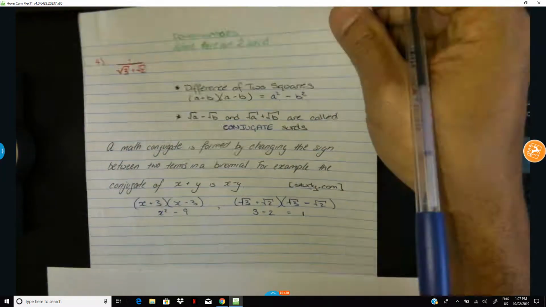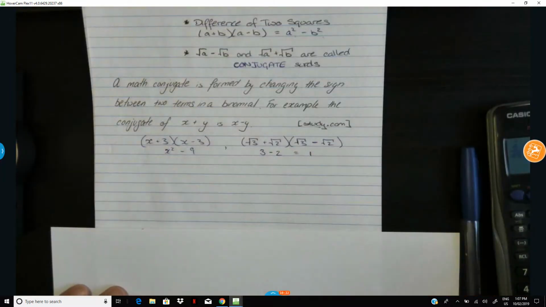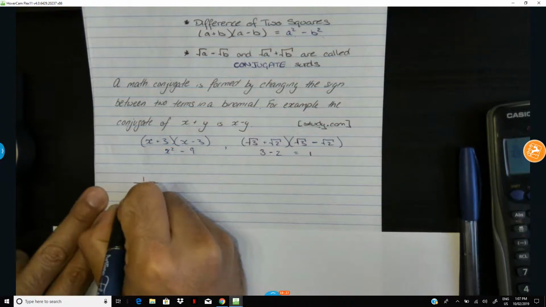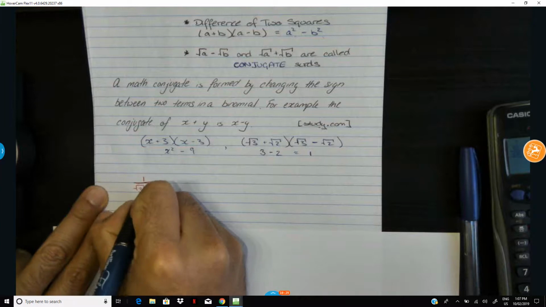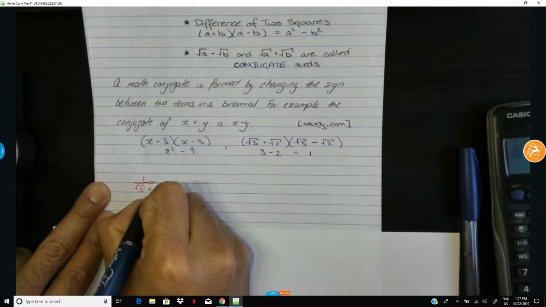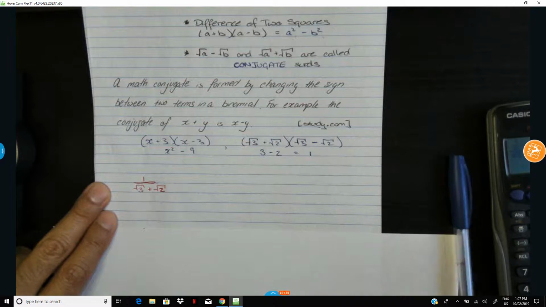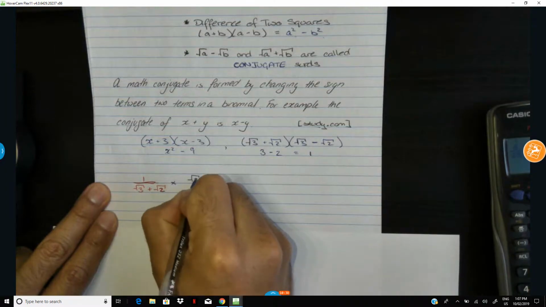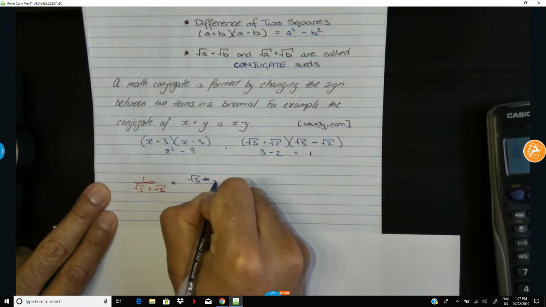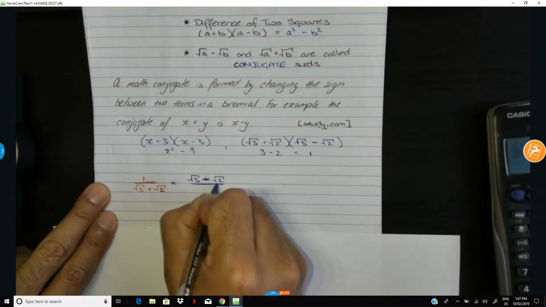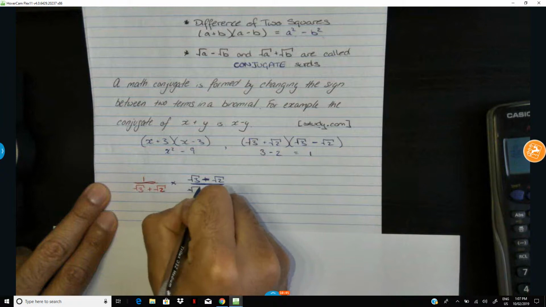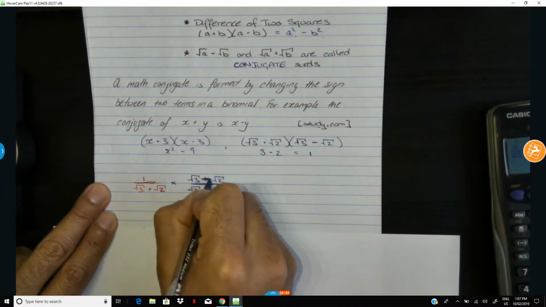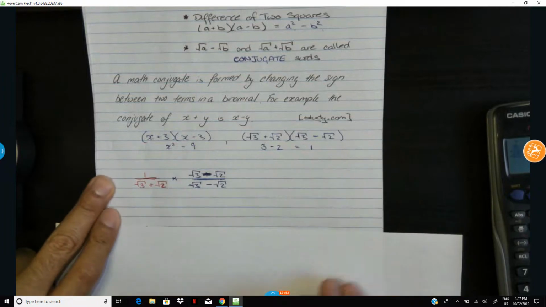Okay, so an example. We've got the question of 1 over square root 3 plus square root 2. What we're going to do is multiply the top and the bottom by the conjugate. So that's a subtraction minus sign.